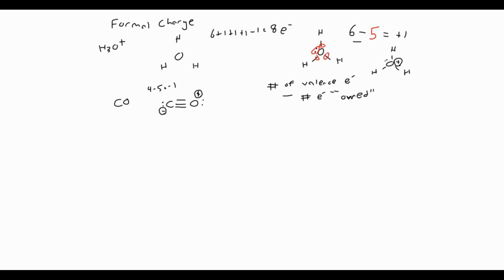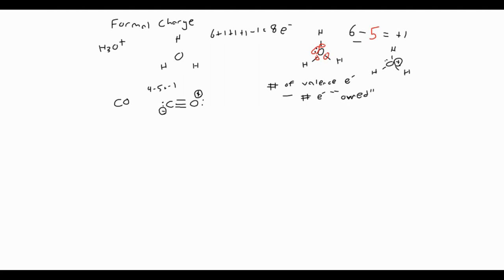Oxygen is more electronegative than carbon, right? So it's actually going to be holding on to the electrons more tightly than carbon will. That's why I said that formal charge is a formalism. It's a way that we communicate where our electrons are, but it doesn't really tell us the truth about how the electrons are distributed in the molecule.